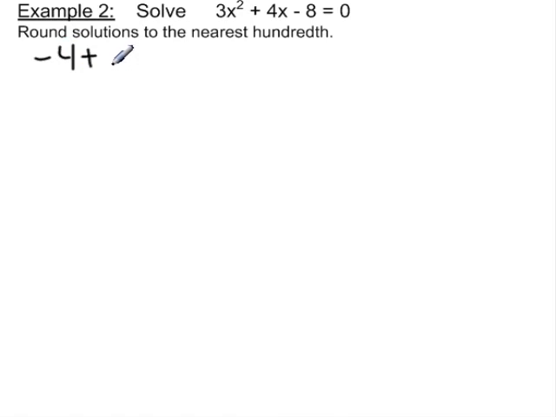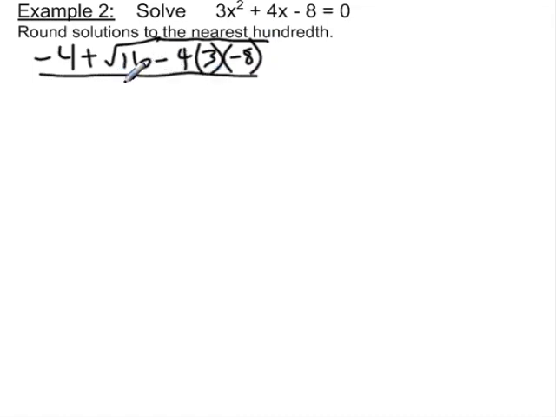So plus the square root of b squared, which is 4 times 4, which is 16, minus 4 times a, which is 3, times c, which is negative 8. Okay, be careful that you've plugged that in correctly, because if not, you will get the incorrect answer. So now all over 2 times 3, which is a.